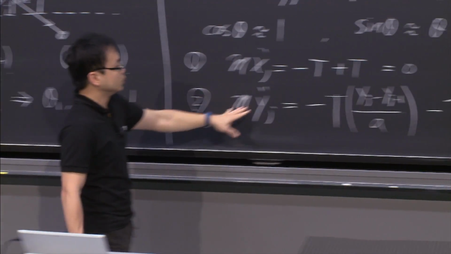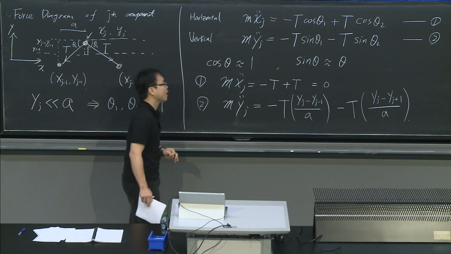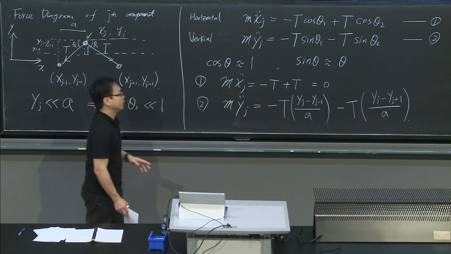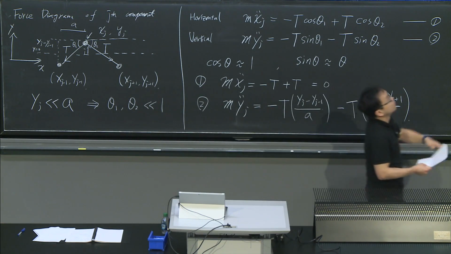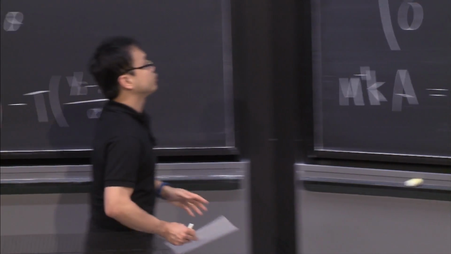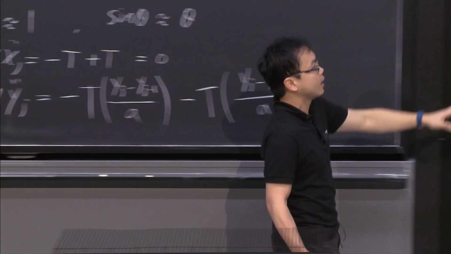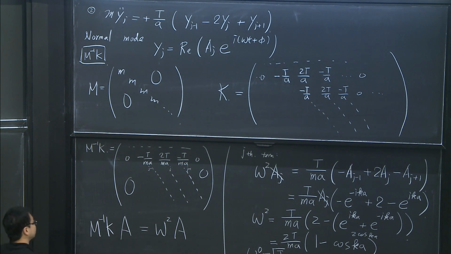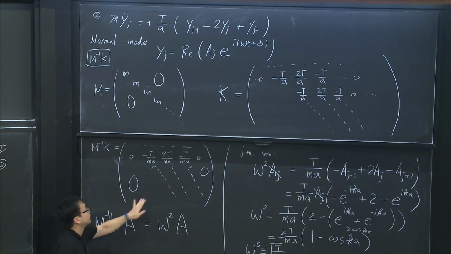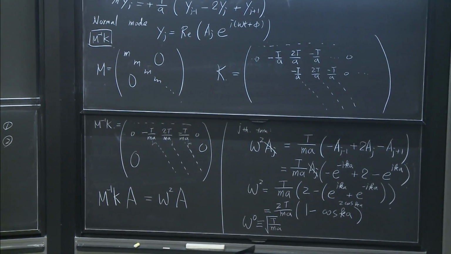Then you find that only the y direction is moving as a function of time. Therefore, based on the equation of motion, which I derived from the force diagram, I get this matrix.